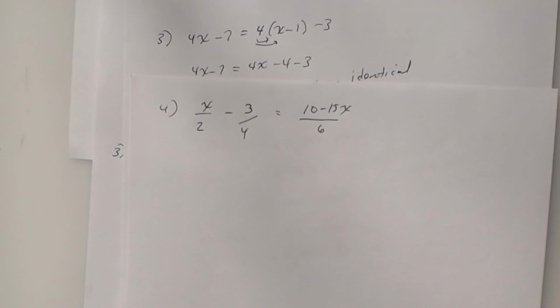That's from 1.2, it's just solving linear equations. Okay, the LCD. The LCD is 12, the smallest number that 2, 4, and 6 go into.